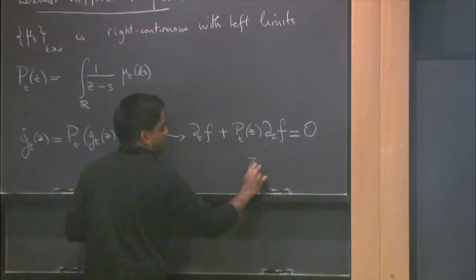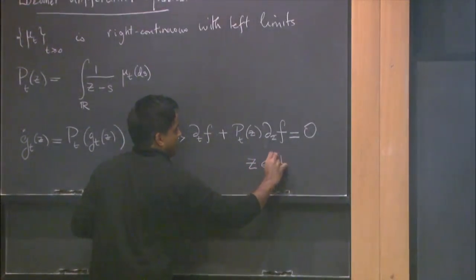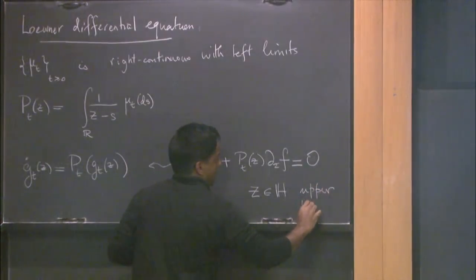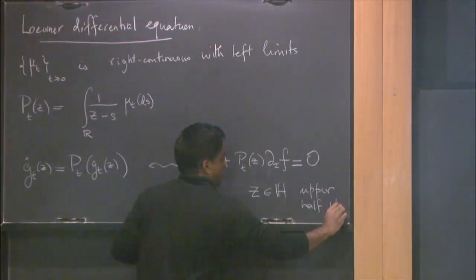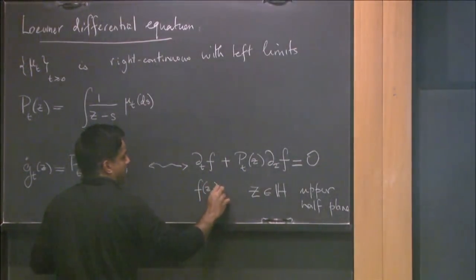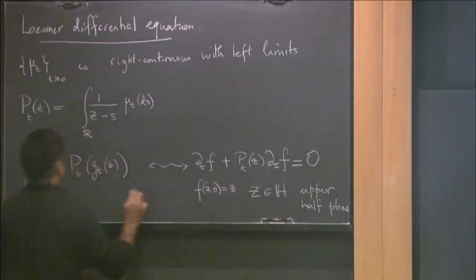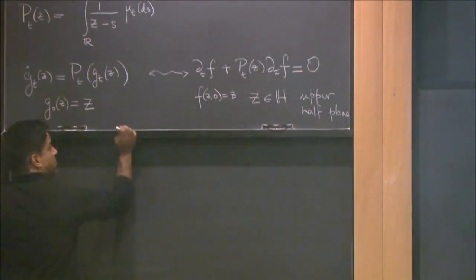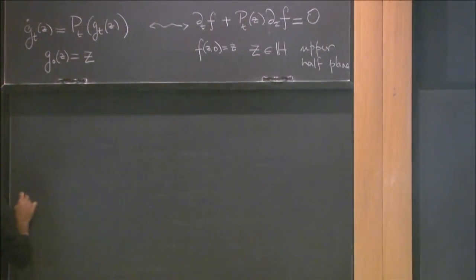Here z belongs to H, the upper half plane. The initial conditions for both of these: f_0(z) is equal to z, g_0(z) is equal to z. These are the core differential equations.